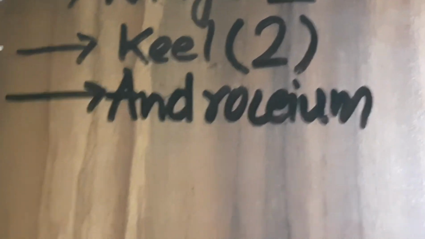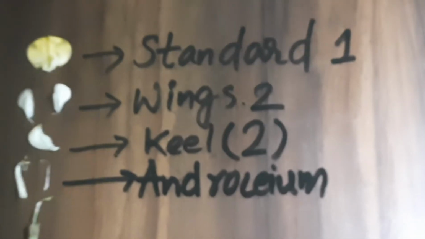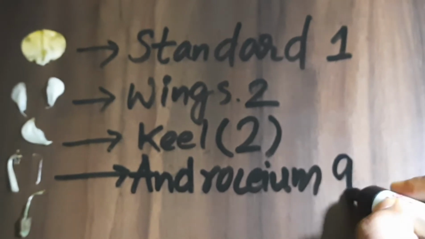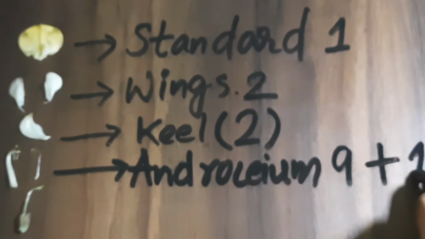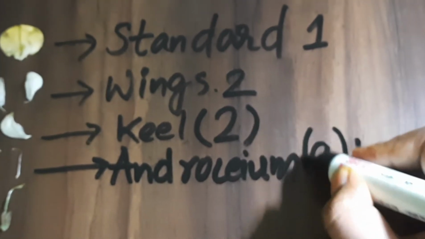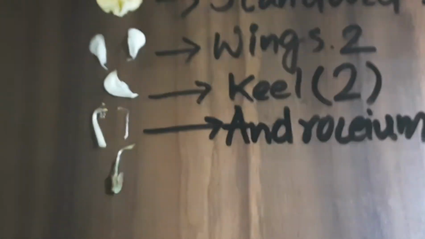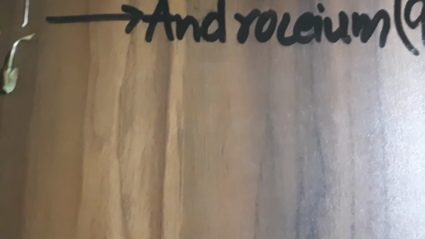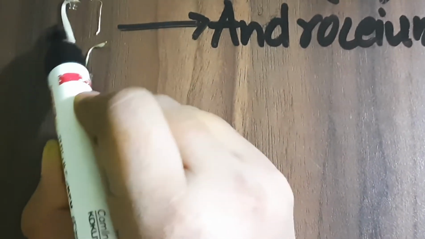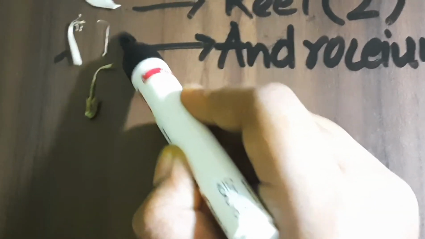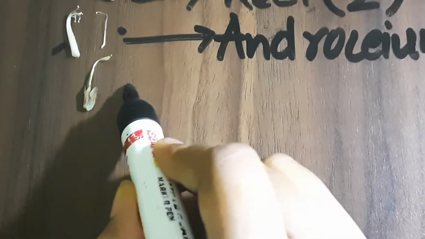And what is the arrangement here? The arrangement is 9 plus 1, and 9 are united. 9 are united and 1 is free.